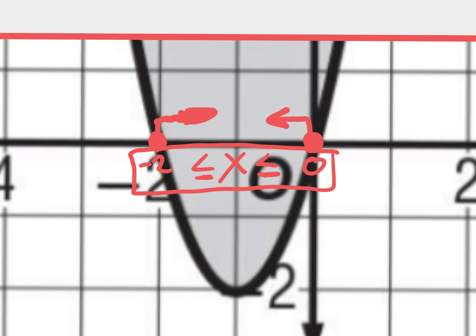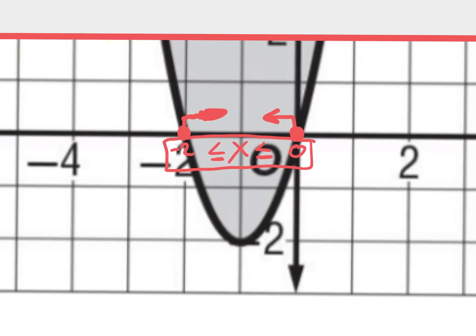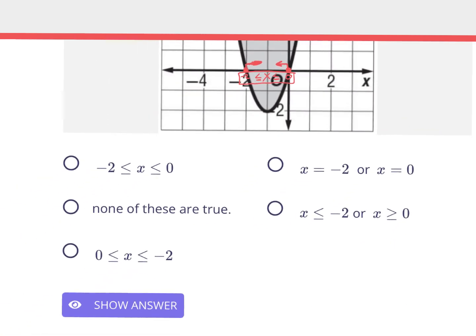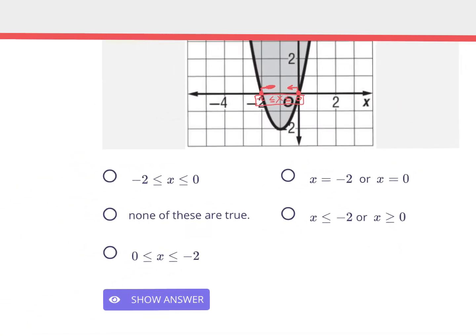But if it would have been shaded on the outside, which we will have problems like that, then it would have been x is less than -2 or x is greater than 0. You'd have to write the two inequalities separate with the word or. In this case, it's an area that's together. So that's why this answer is right here. This is your correct answer.